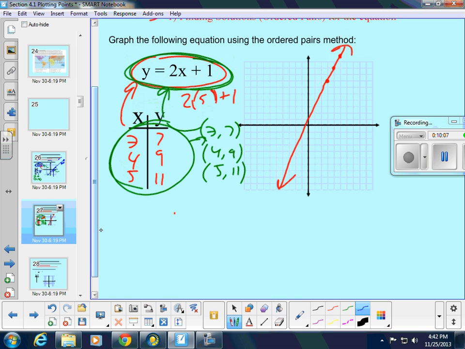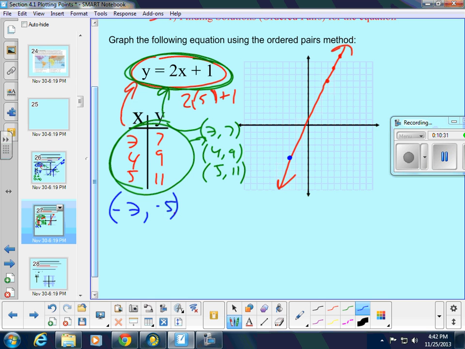Just showing though again, I could pick out some numbers. And again, if I've drawn a nice line, I think I've drawn a pretty good line here. I could pick out some other value of x, like let's pick out some negative number, like how about -3? If I put -3 in for x, I'm going to get -3 times 2, which is -6, plus 1, which gives me -5. So let's see if the point -3, -5 is on this line. 1, 2, 3, 1, 2, 3, 4, 5.